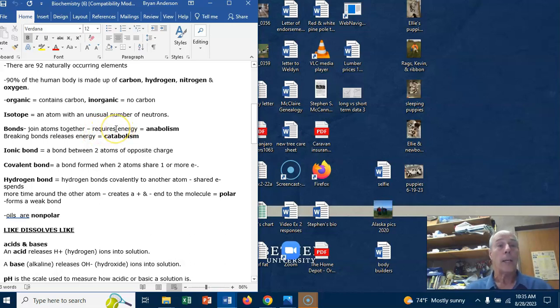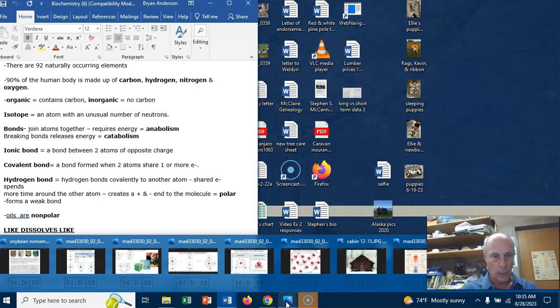You may also say that the energy is now stored in that bond, but it requires energy to make a bond, to bond 2 atoms together. Breaking a bond releases energy, and we call that catabolism. When you burn firewood, you are releasing bonds that hold carbon atoms together. That is the energy that we feel as heat.